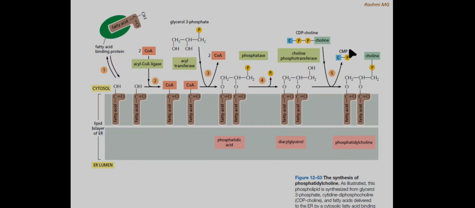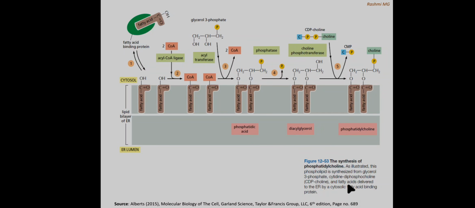CDP choline will phosphorylate it along with the choline, which forms phosphatidyl choline. Phosphatidyl choline is a membrane lipid. What has happened here? The synthesis of phosphatidyl choline. Where has it happened? In the cytosol side of the endoplasmic reticulum.